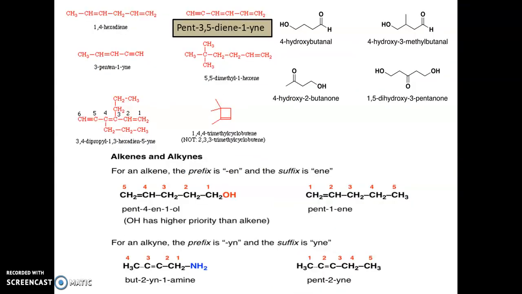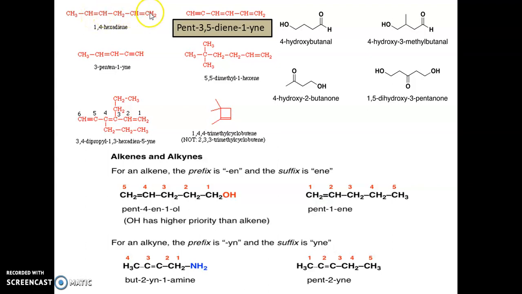Now let's take a few examples of organic compounds and then we will practice how to name them. The first compound is CH3CH double bond CH bond CH2 CH double bond CH2. Here you see 2 double bonds are present and no other functional groups are present in this compound.